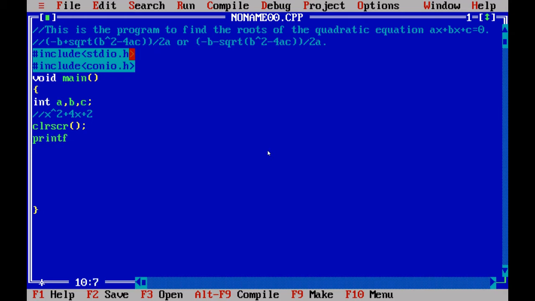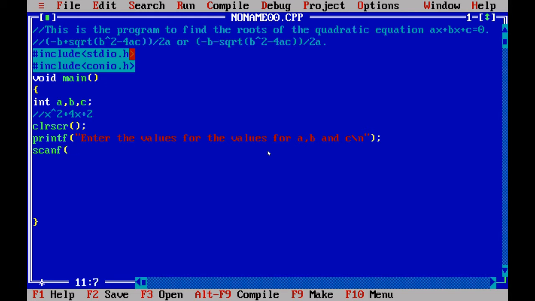Then you can prompt the user to enter the input for the variables A, B, and C. So enter the values for A, B, and C. Then you can close this, put a semicolon.